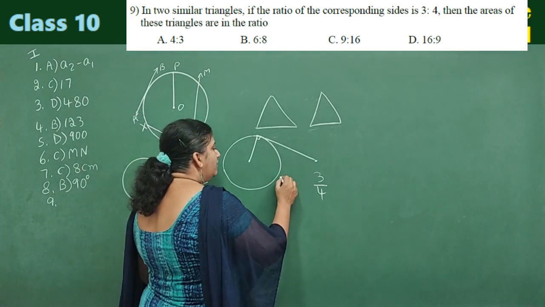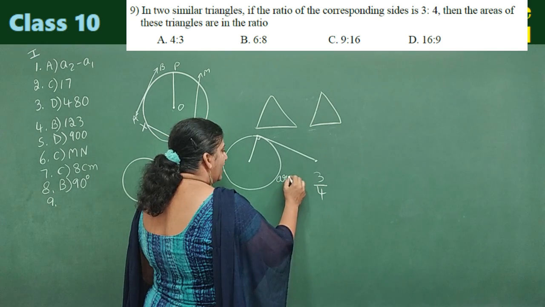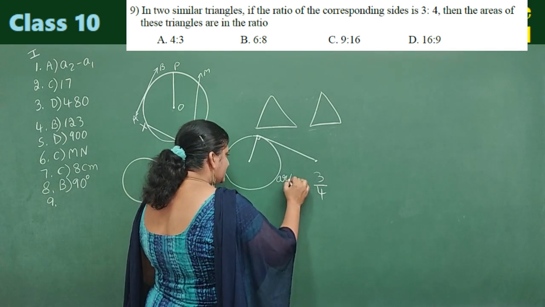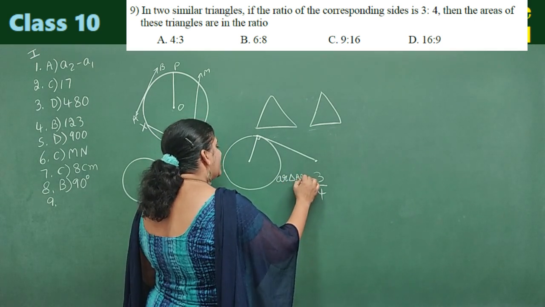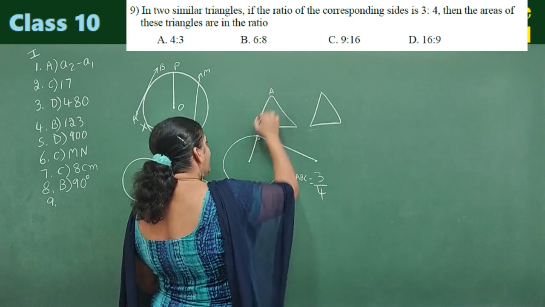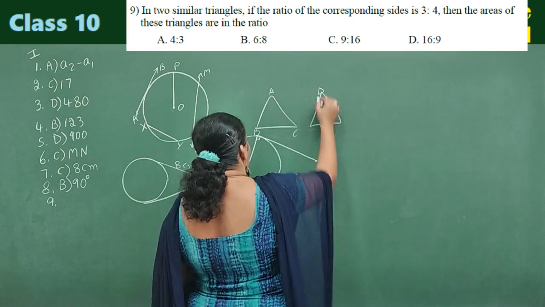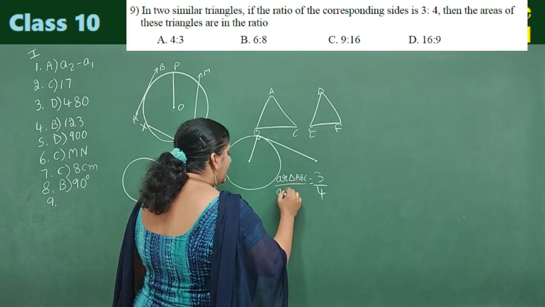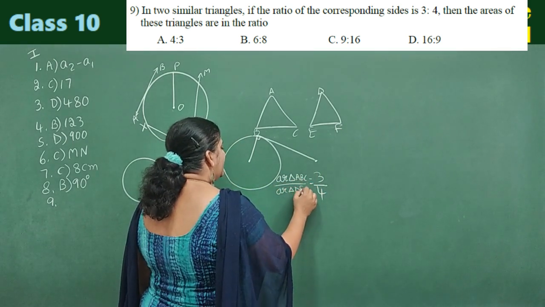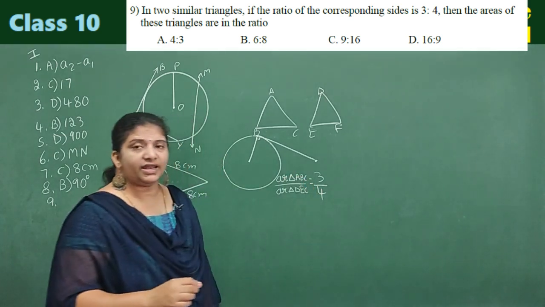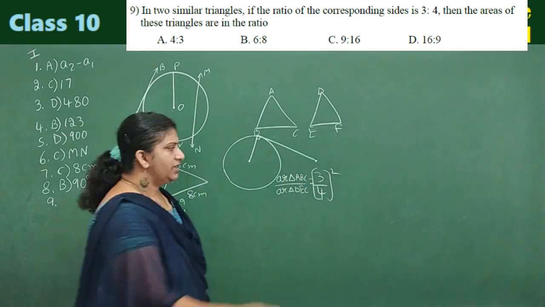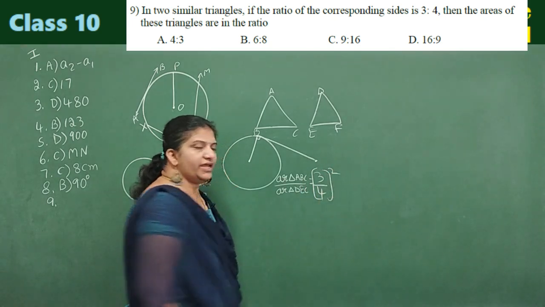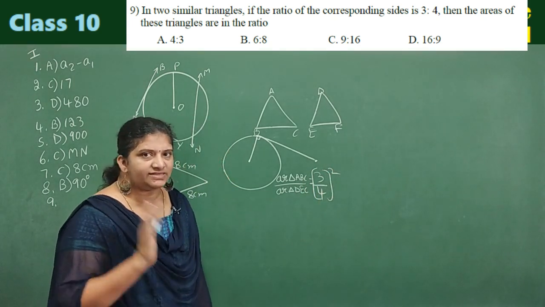We remember by a theorem, let me take triangle ABC and triangle DEF. Area of triangle ABC by area of triangle DEF: the ratio of their areas is equal to the square of the ratio of their corresponding sides.